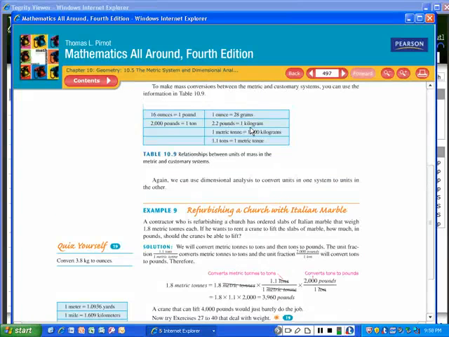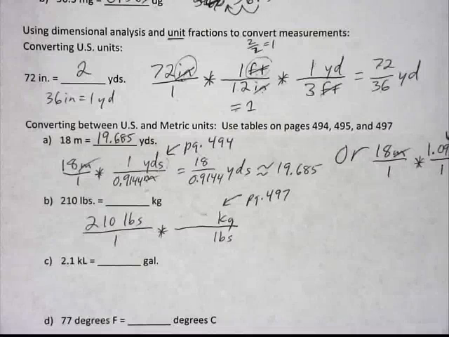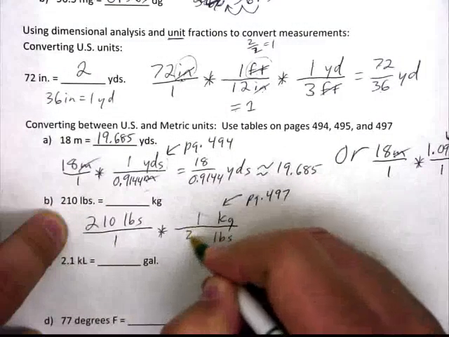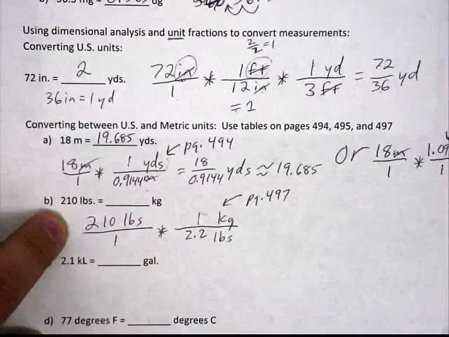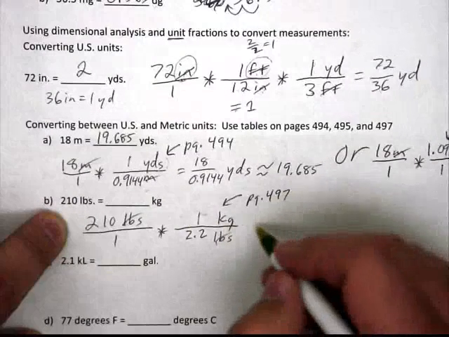But up here we have one that relates pounds and kilograms. So I'm going to use that one, and it says that 2.2 pounds is equal to 1 kilogram. So I'm going to go back to my notes here. And we said that 1 kilogram is 2.2 pounds. Now I've got this set up so my pounds will cancel and I'll get kilograms.